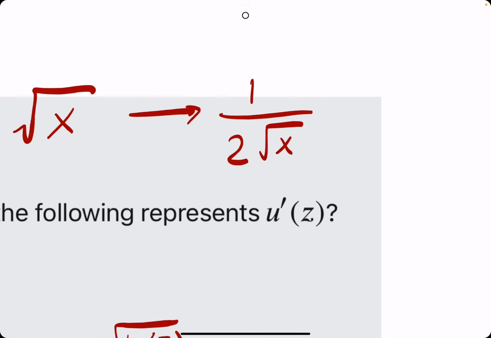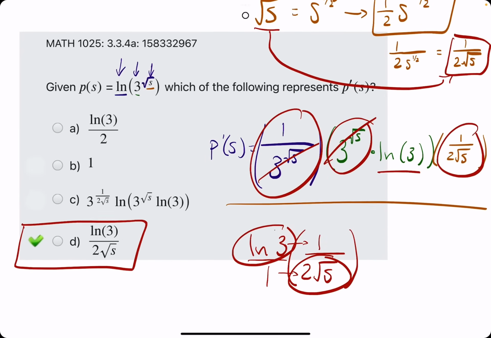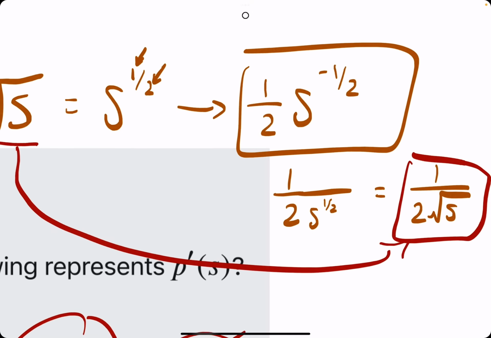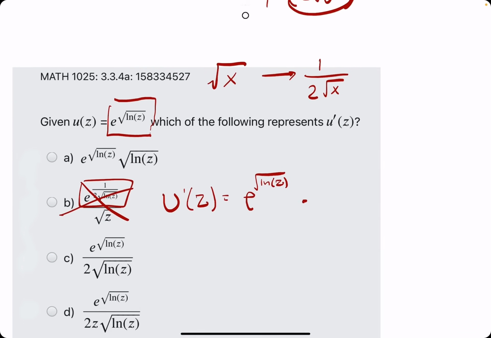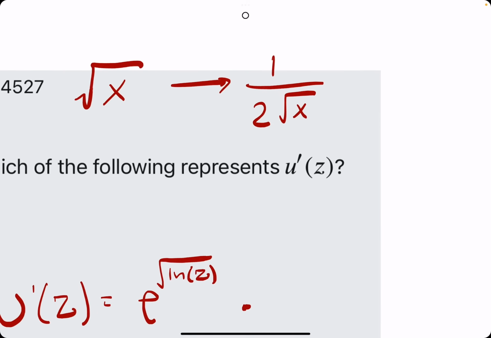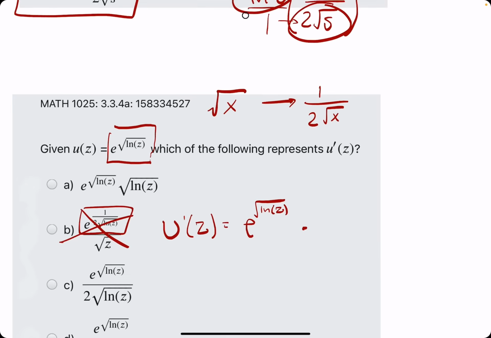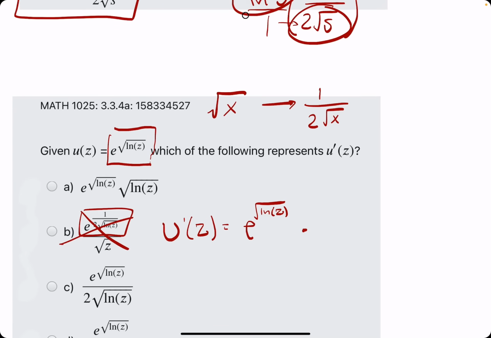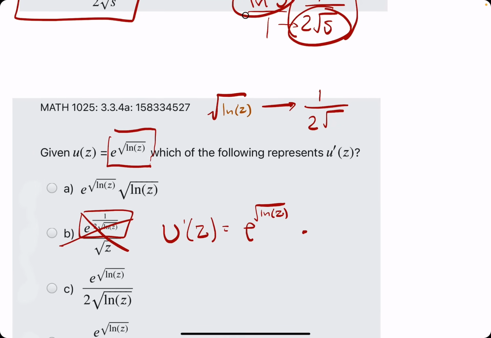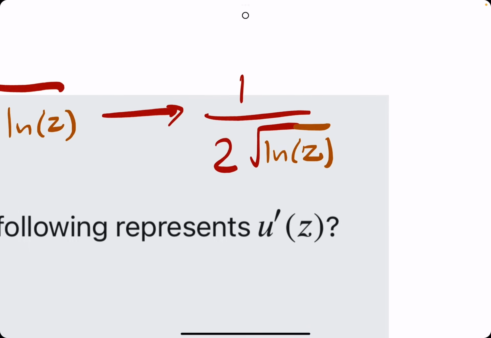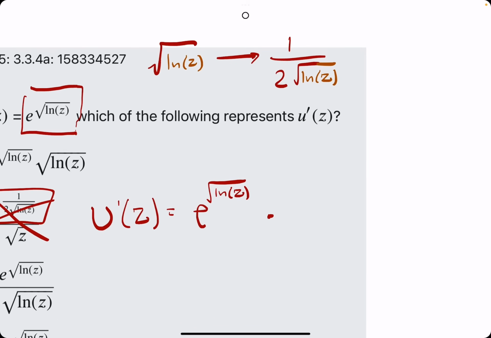Personally, I think it's a good one to have memorized so you don't have to deal with all the fraction stuff. But again, using all the fraction stuff is why it worked out. So square root of x has a derivative of this, 1 over 2 square root of x, which means square root of ln of z will have the same exact derivative, except with ln of z plugged in place of x.